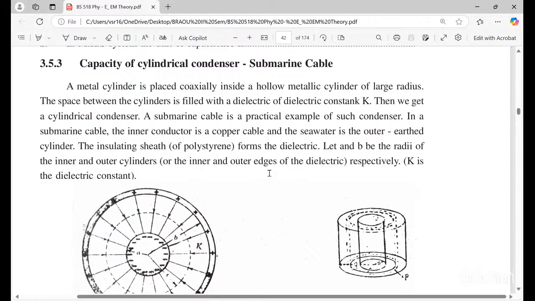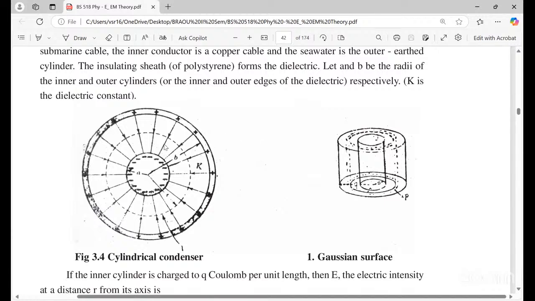Between them there is a dielectric constant. Here you can see, this is the B and this is the A. What is A? This one. The radius is A. Which one is B? This one.